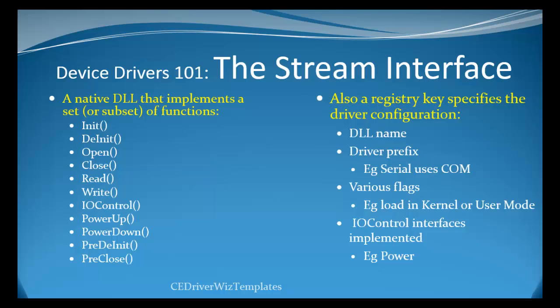Some of these, for example, specify whether the driver is going to load in kernel or user mode. And also we can specify that various IO control interfaces are implemented by this driver, and the operating system can then exploit them. For example, the power interface might be implemented.